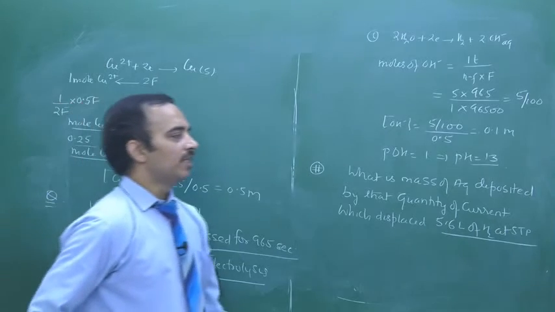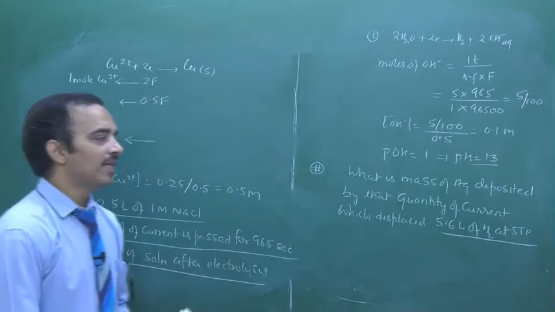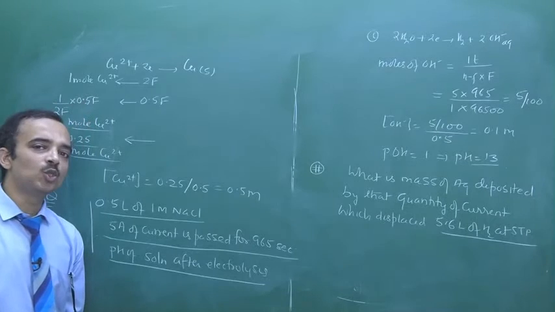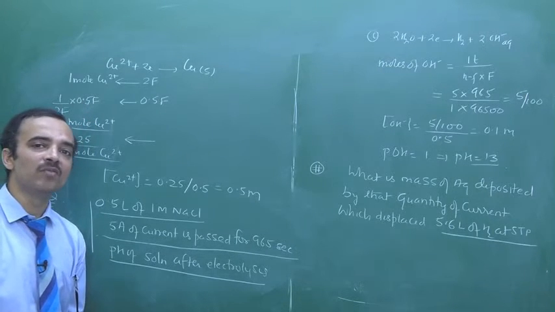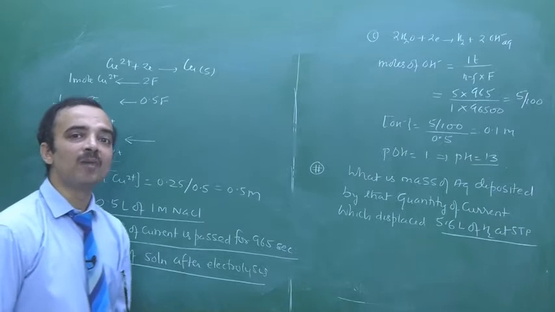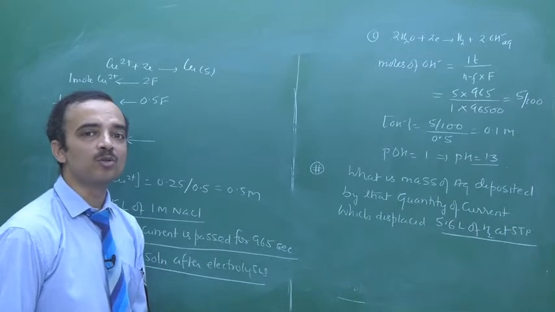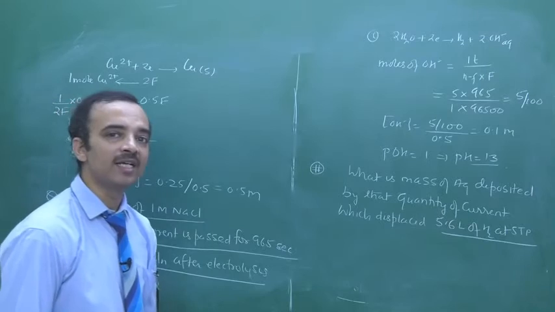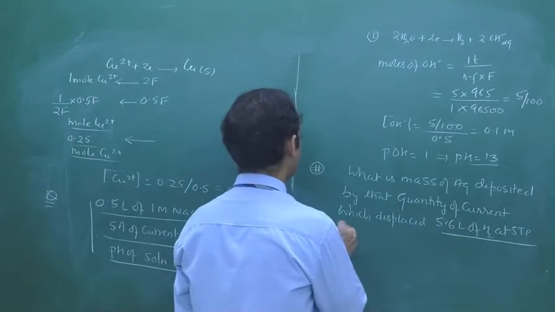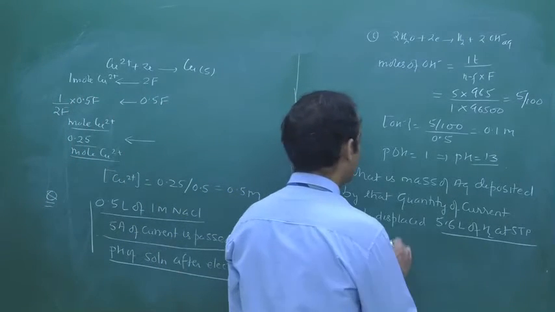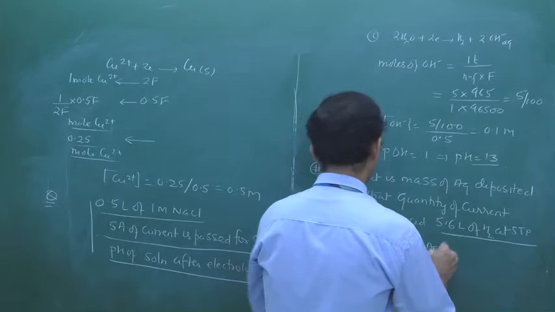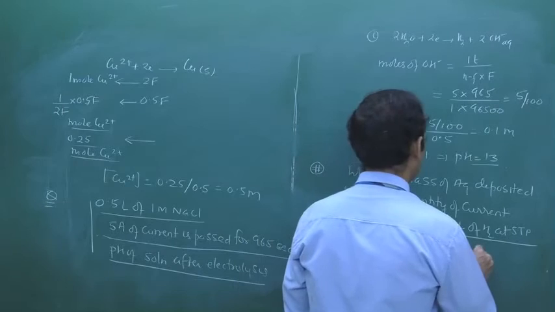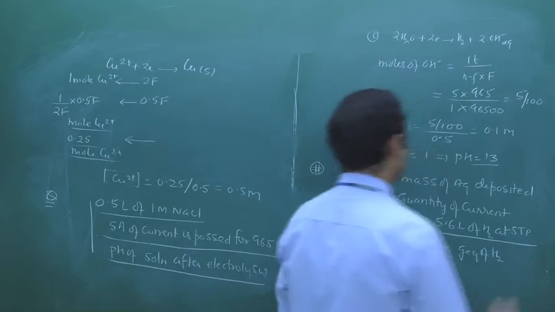Beta, from question it is clear that the quantity of electricity required to liberate H2 is same as quantity of electricity required to deposit silver. That means the gram equivalent of the two are supposed to be same according to Faraday's second law. So we can say gram equivalent of silver is equal to gram equivalent of H2.